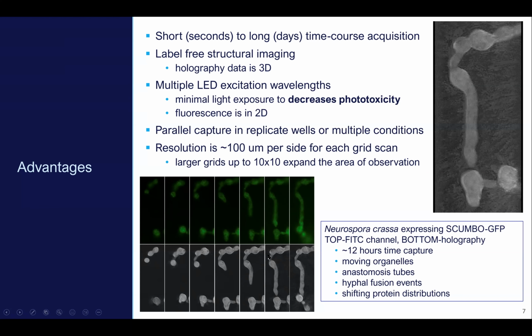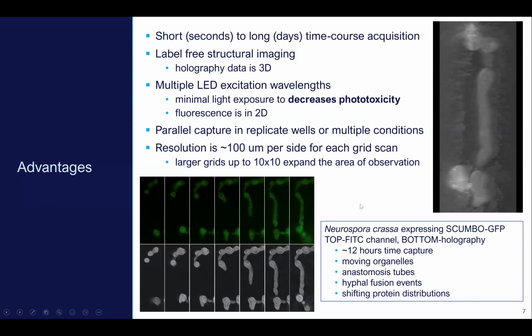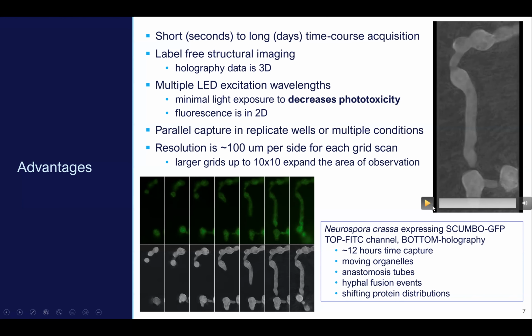You can see structures where you have anastomosis or fusion tubes between these 2 different spores. You can see a whole bunch of different interesting cell biological phenomena of the exact same cells over time. And then you also can do something like a 3-dimensional reconstruction of a cell in space because we have 3-dimensional data from the tomography.